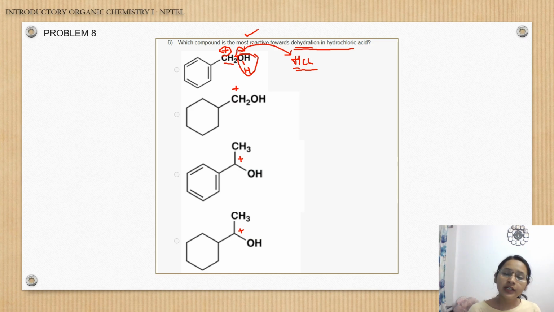Only the stable carbocation will want to dehydrate in this HCl condition, because it can stabilize this carbocation. So just tell me, among these four, what could be the most stable carbocation species?